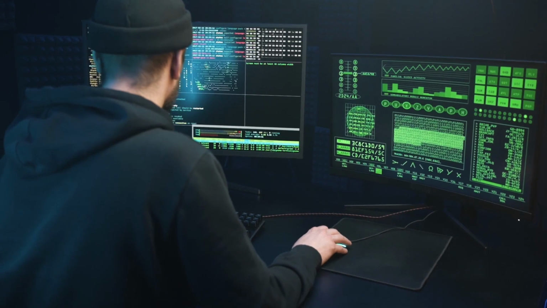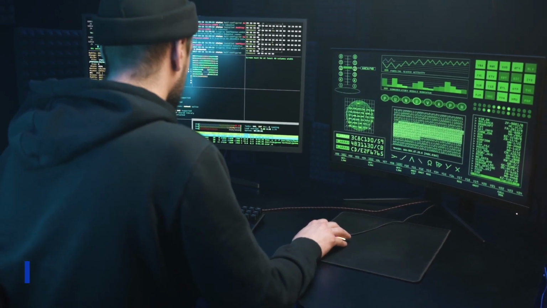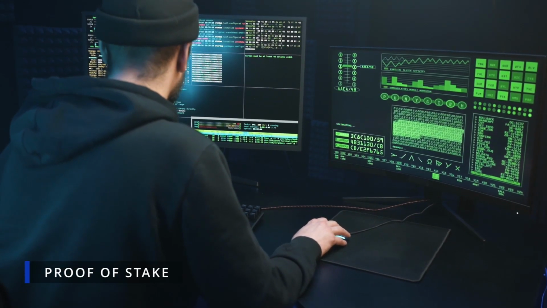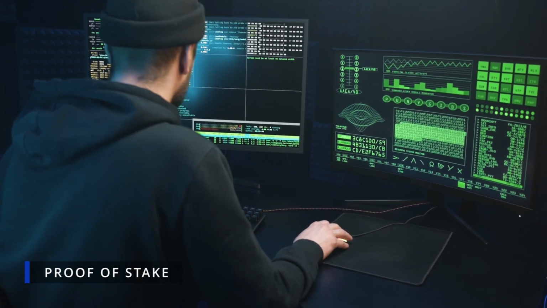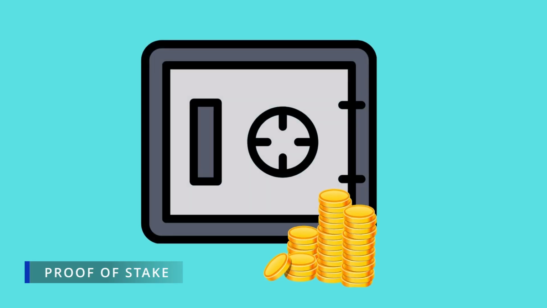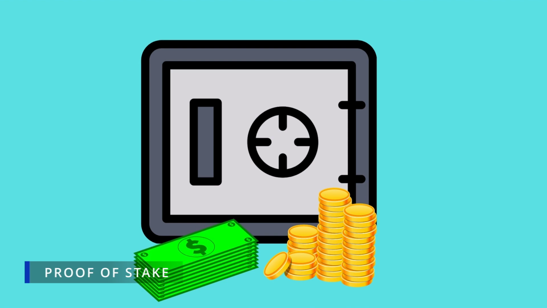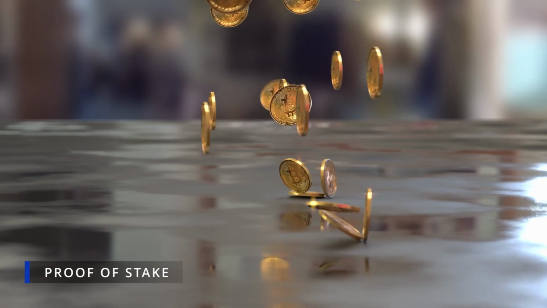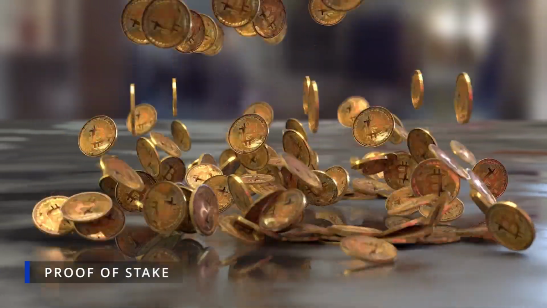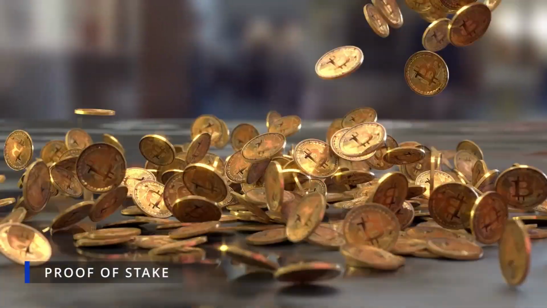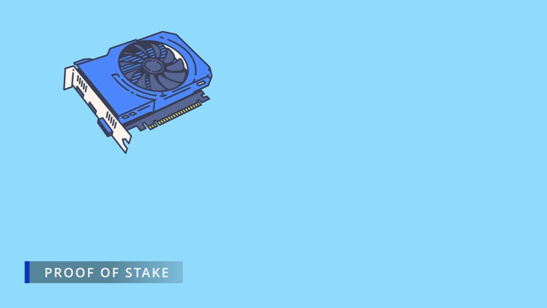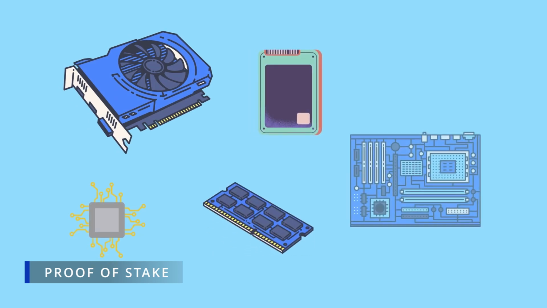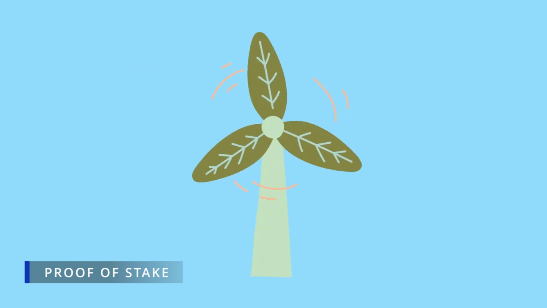On the other hand, in the proof-of-stake consensus mechanism, instead of solving computational puzzles, the miner is chosen based on their stake, or the amount of cryptocurrency they hold and are willing to freeze or lock up to act as a miner. The more cryptocurrency a miner holds and locks up, the more likely they are to be chosen to create a block. This eliminates the need for miners to invest in expensive equipment to mine and reduces the energy consumption.